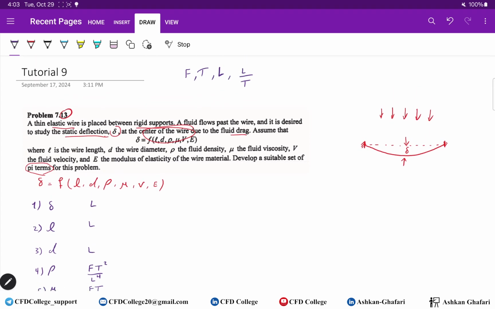So as you can see here, we have different units. Let me write down here.